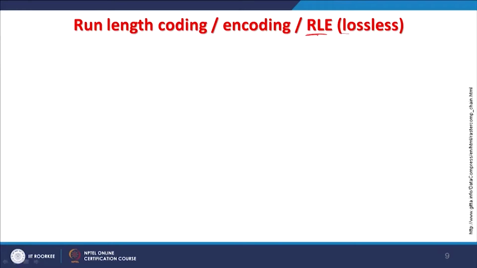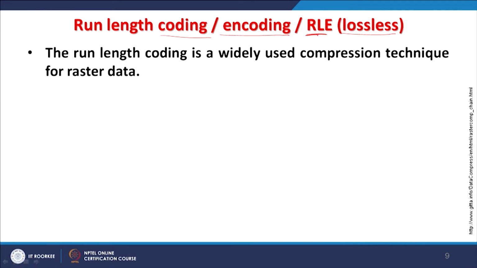Now, there is another coding which is little variation from this chain code, which is called run length coding, or RLE. It is also called RLE, and this is lossless, non-destructive coding technique. And sometimes people write in literature either coding or encoding. It's almost same thing. So, I have mentioned both things here.